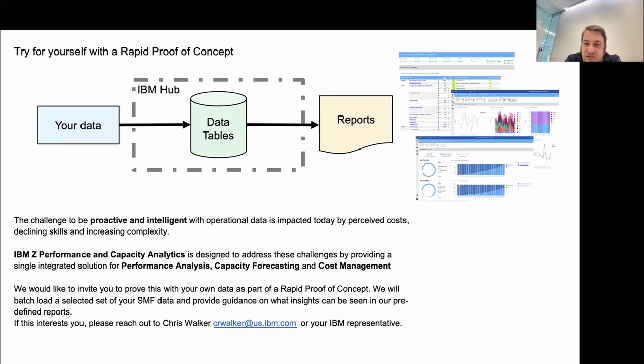So you'll see your actual data in the reports, and we will discuss that with you. You can take a look at it, so you get a full view of what you would experience with IZPCA with your data. If you're interested in any of that, you can reach out to me or talk to your IBM representative, and we'll get it going.